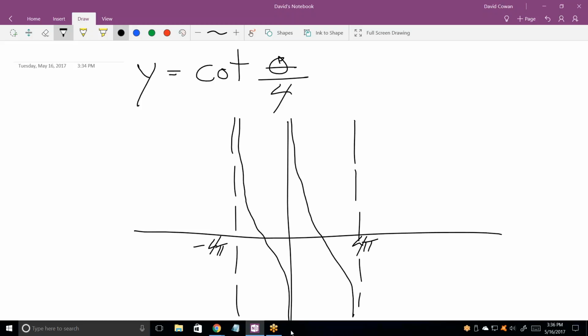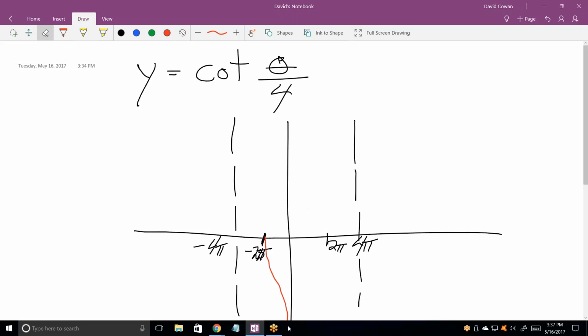And since they only want us to go from minus 2 pi to plus 2 pi, this function is going to look weird. In red, and I don't even have the entire next part of it. Yeah, okay, there you go. That's from minus 2 pi to 2 pi.